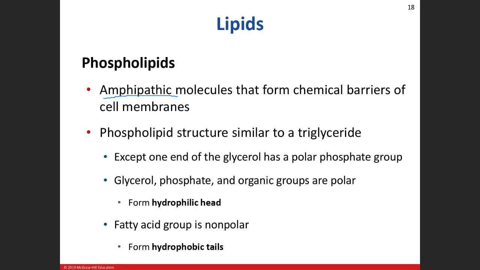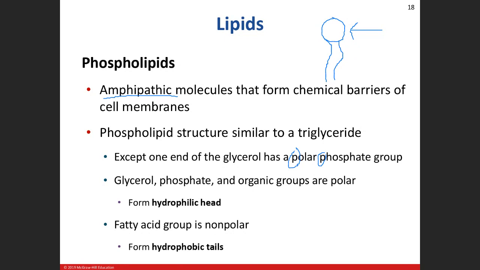So a phospholipid is similar to a triglyceride, except it only has two tails instead of three fatty acids hanging off. So the head is the phosphate group, and that's the polar portion. Easy to remember: phosphate begins with a P, polar begins with a P.